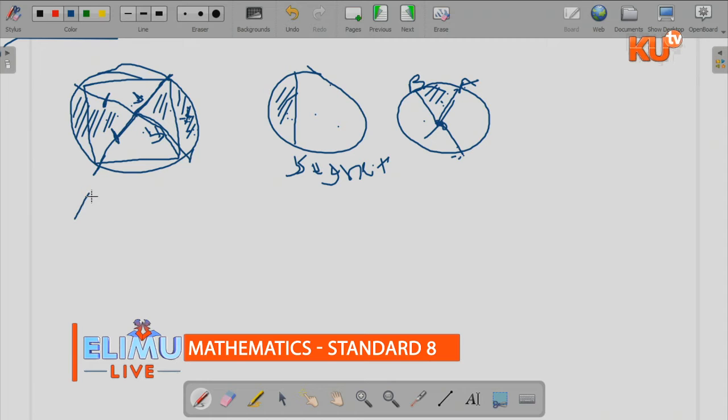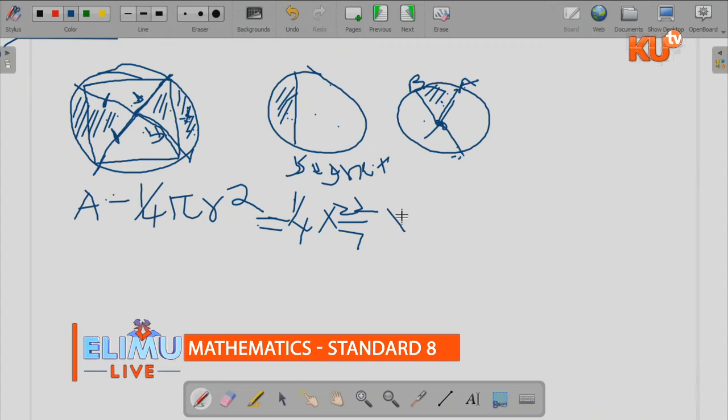So we say area of the shaded is a quarter pi r square, which is a quarter times 22/7 times 3 times 3. The answer you will get there can give you a figure like 7.065.